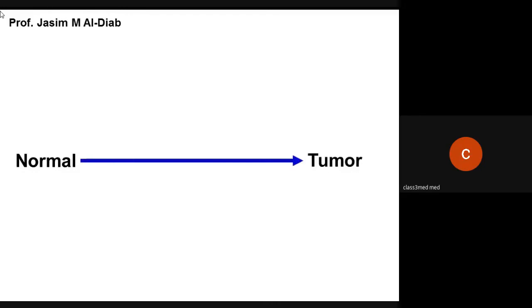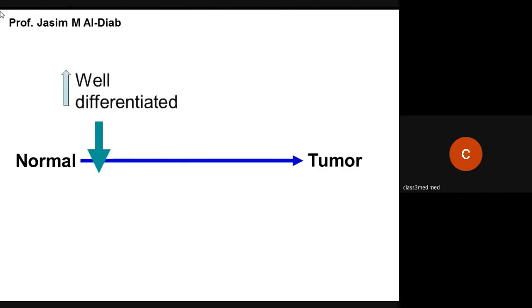To understand, on the left side we have the normal, and on the right side we have the tumor. The tumor at this side, what about the degree of differentiation? Is it well differentiated or poorly differentiated?